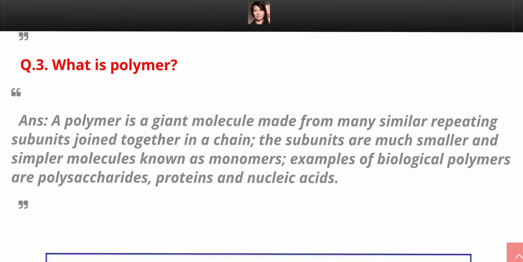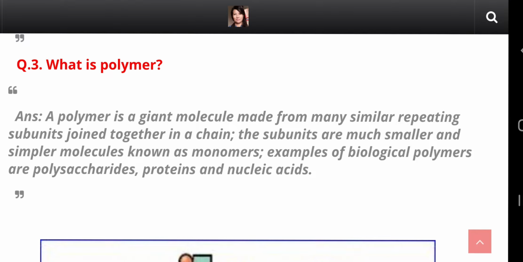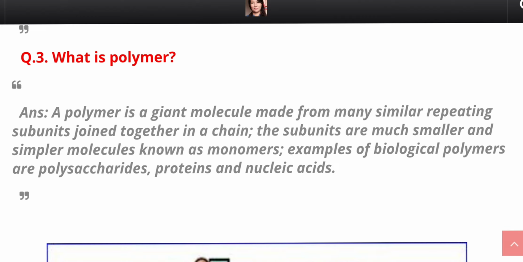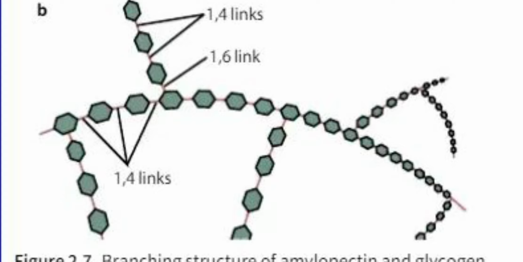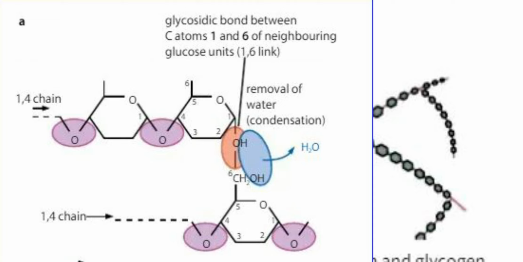Next, question number 3, what is a polymer? A polymer is a giant molecule made from many similar repeating subunits joined together in a chain.